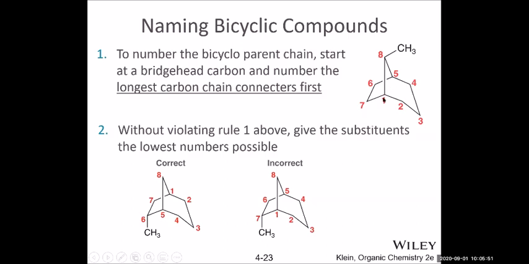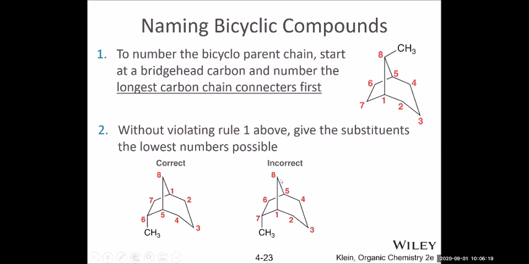We can start from this as number 1 or that as number 1, it doesn't matter. So 1, 2, 3, 4, 5. Number 5 gets to the bridgehead, and then after 5, you number the second longest arm, which is the 2 carbon arm, first. So 6, 7. Finally we get to the last atom, which will be number 8, the 1 atom in this arm. So the location for the methyl group will be 8.